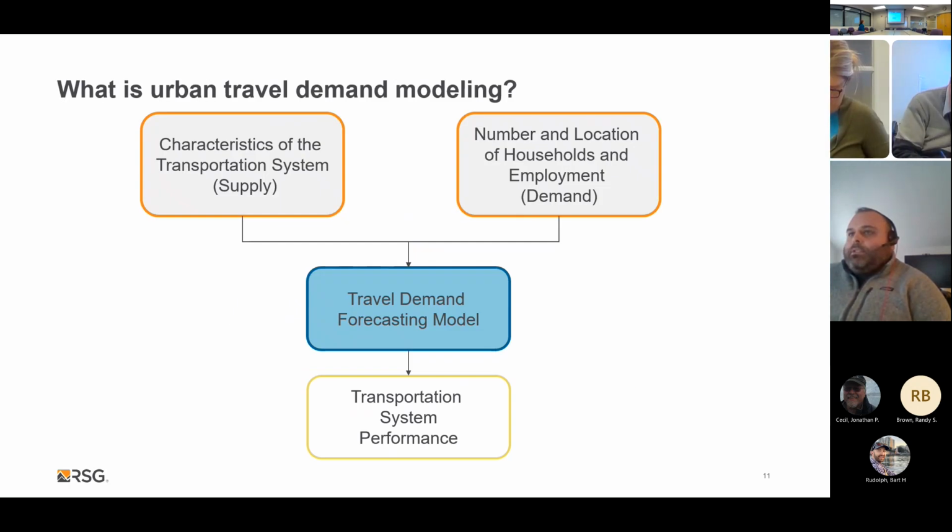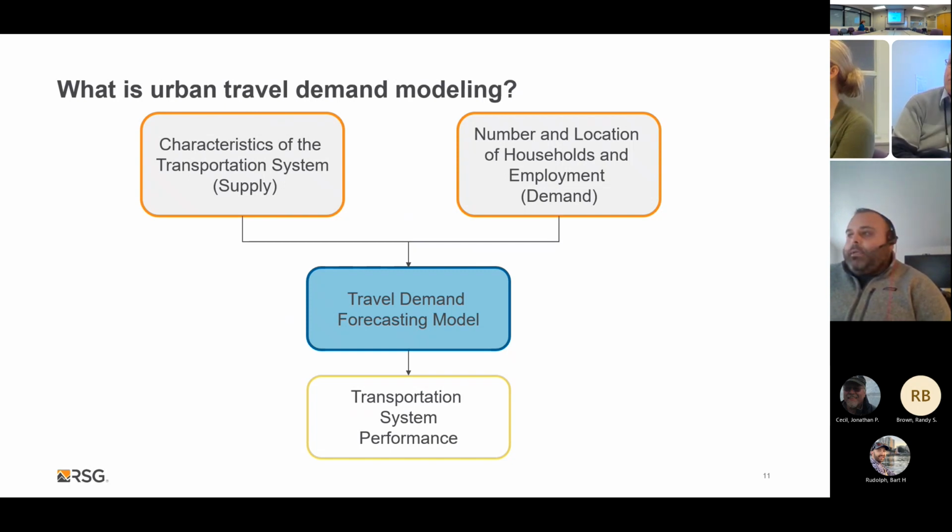So what is urban travel demand modeling? Travel demand forecasting is the intersection of network supply and demand, and measures how well supply accommodates demand. When we talk about network supply, we're talking about transportation options. Those options could be highway options, the total number of lanes, the total number of HOV lanes.